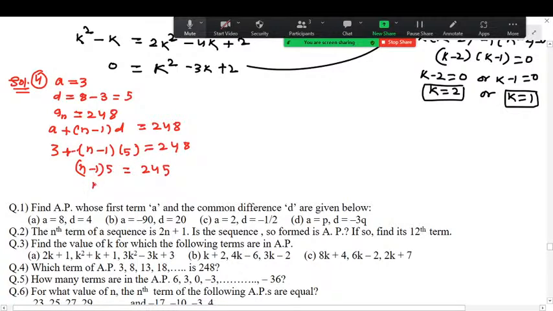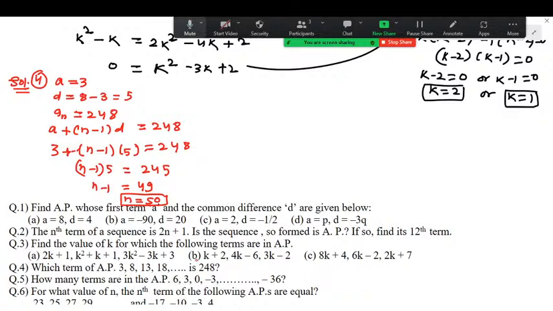Now I have to divide by 5 on both sides. 245 by 5 will give 49, and I have to add 1 here. I will get n being 50. That means there are total 50 terms in this sequence, in which the last term is 248.